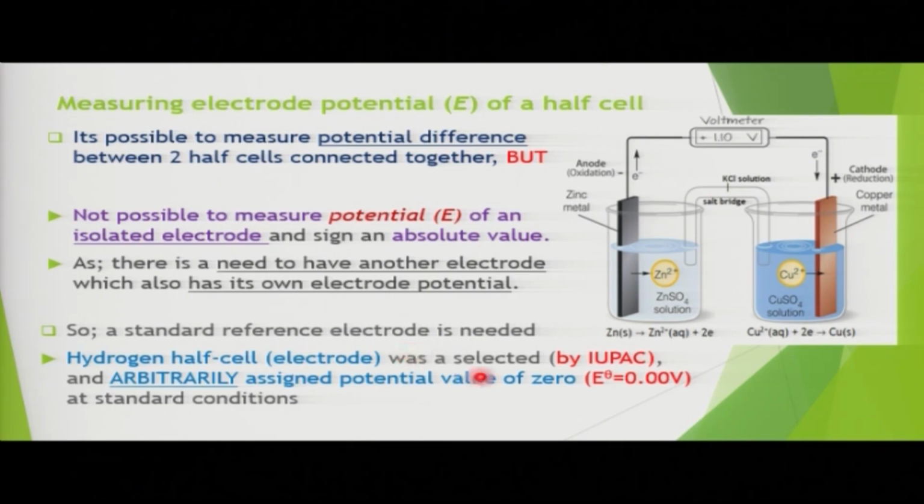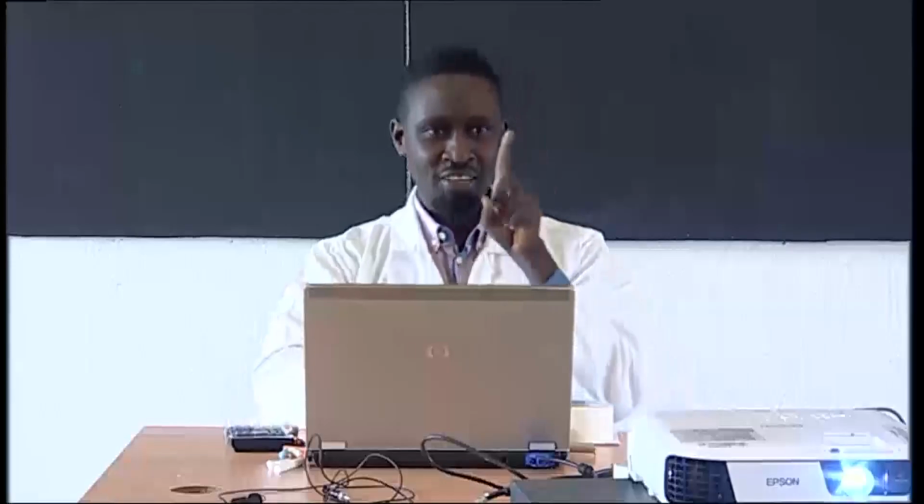And this group of chemists, as I said, IUPAC, the International Union of Pure and Applied Chemistry, is a union that heads everything that involves chemistry. So they sat and came to an agreement and said, let's make hydrogen our reference electrode and give it a 0 potential.